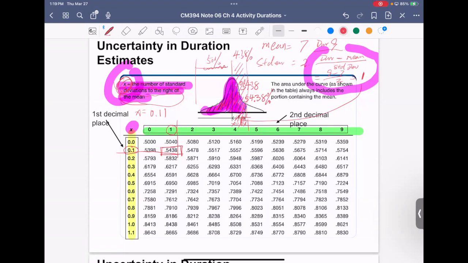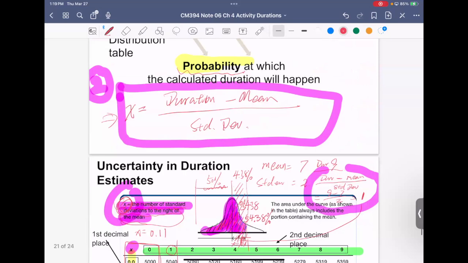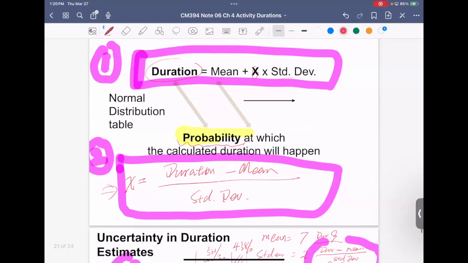So if x here is 0.0, what does that mean? Remember, x equal to 0.0 means that exactly the duration is your mean.